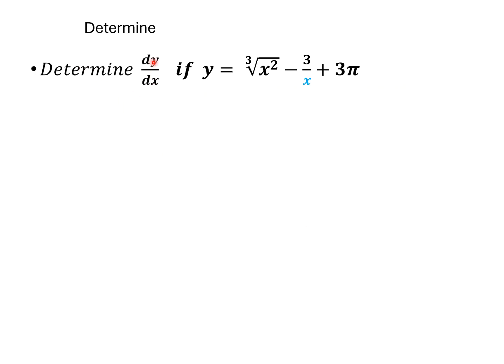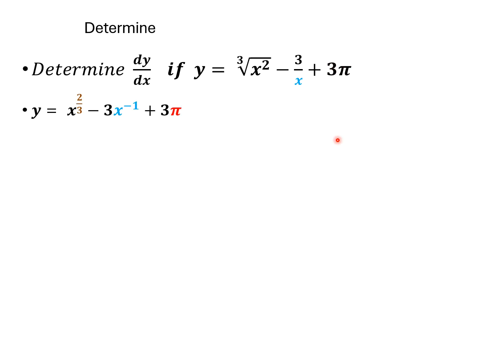So determine dy dx, meaning first derivative, if y equals the cube root of x squared minus 3 over x plus 3 pi. Number 1, I must write the surd as a rational exponent. Number 2, I cannot have x as a denominator, so I have to take that up. And for those of you that don't know, pi is a constant, so the first derivative of a constant equals 0.